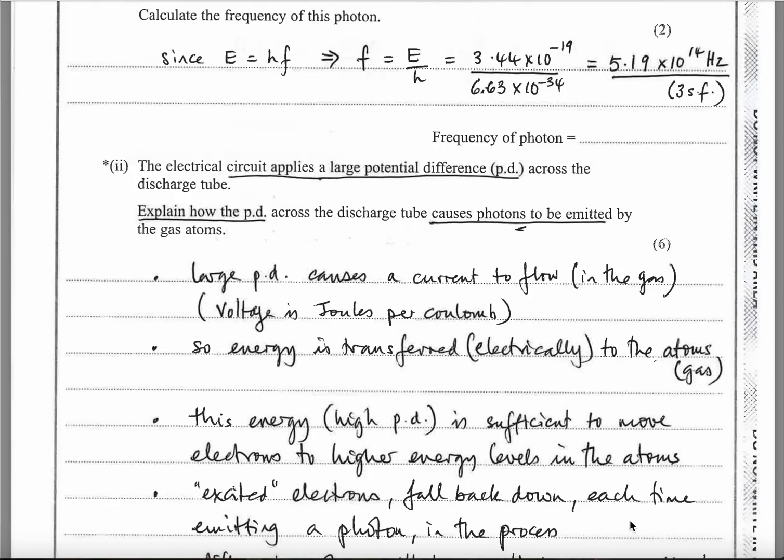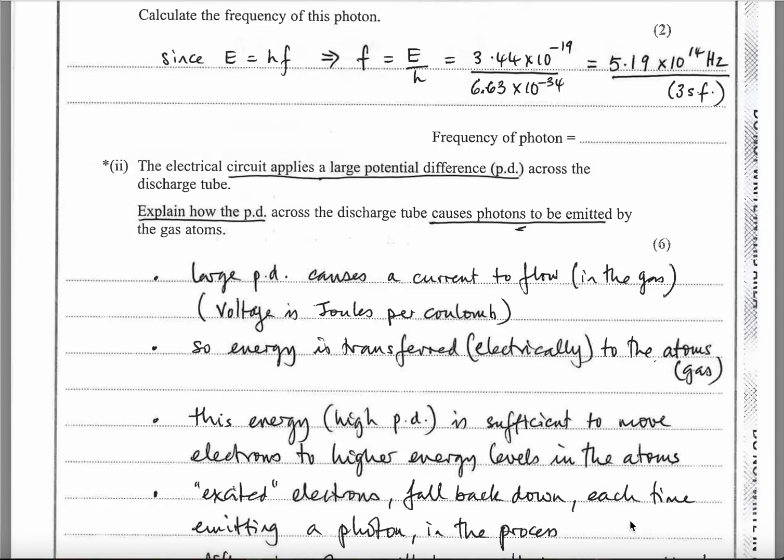If they're still in the atom, they will be attracted back to the ground state, or to whichever lower energy level they came from. And each time they fall back down, and this will be a dynamic equilibrium, some will get excited, some will be de-excited, and each time there is a de-excitation, a photon is emitted in the process.